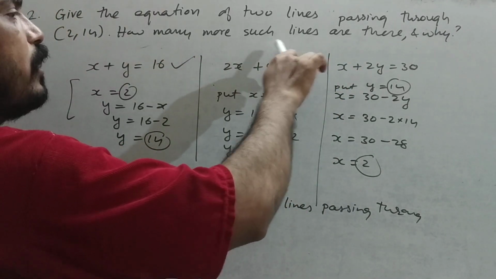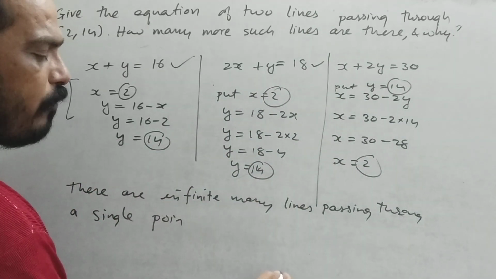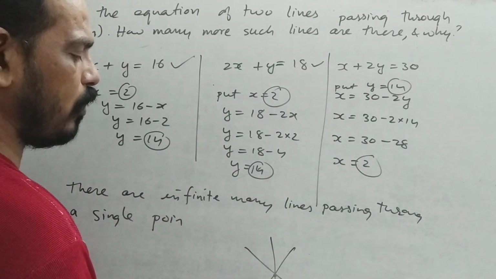How many lines? Infinite. Why? Because if one point is there, how many lines can pass through one point?